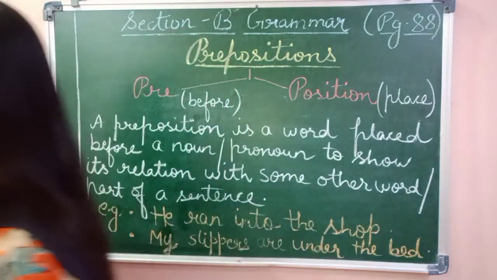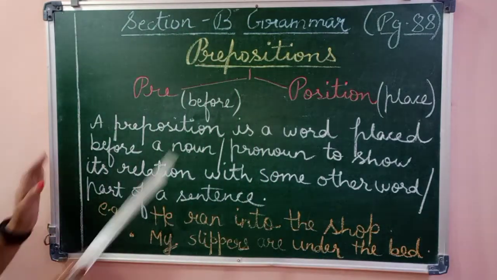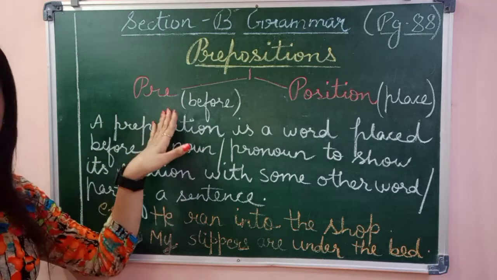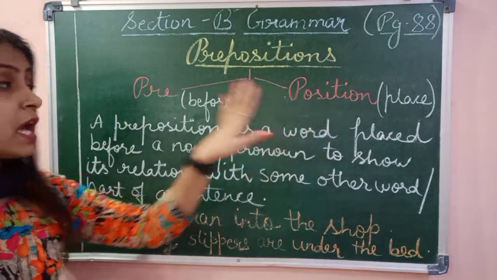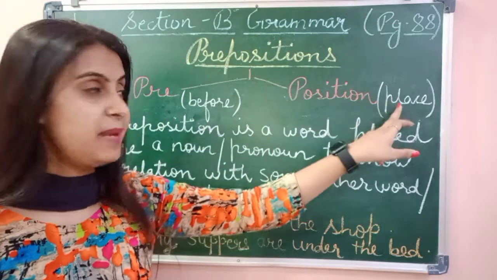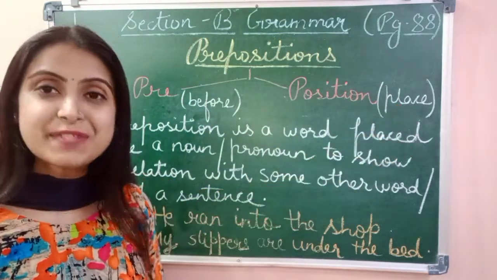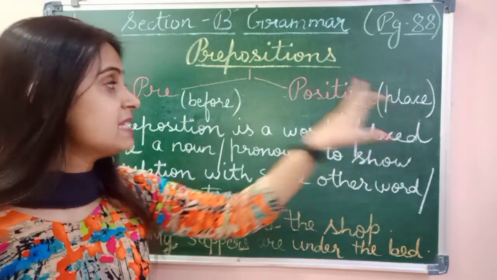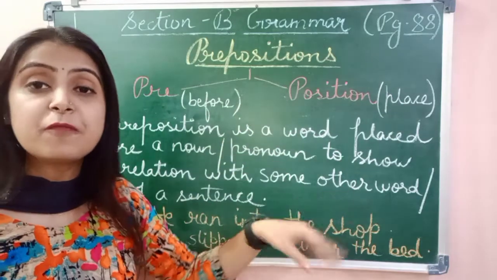You may just have a look at the board that preposition is made up of two words, pre and position, right? Pre means before and position means place. So in simple words, a preposition is a word that is placed before. Placed before what?